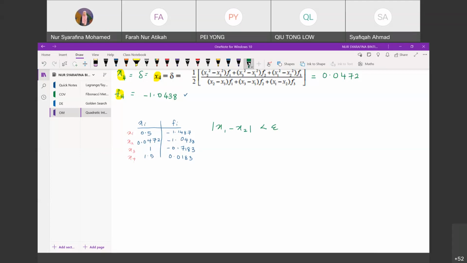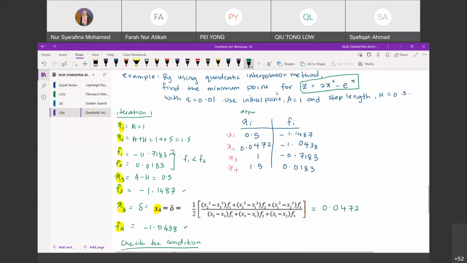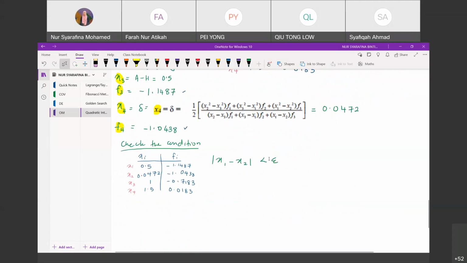Check the condition. Okay, check the condition here. x1 minus x2 equals to what? What should you get?